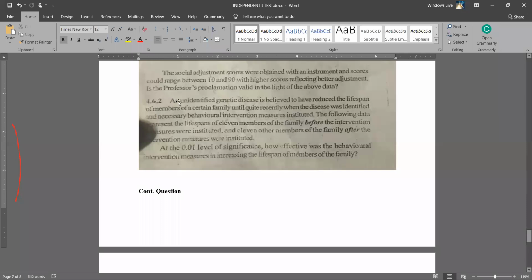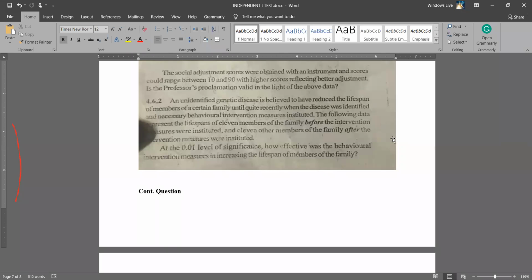The next question is: an unidentified genetic disease is believed to have reduced the lifespan of members of a certain family until quite recently, when the disease was identified and necessary behavioral intervention measures instituted.